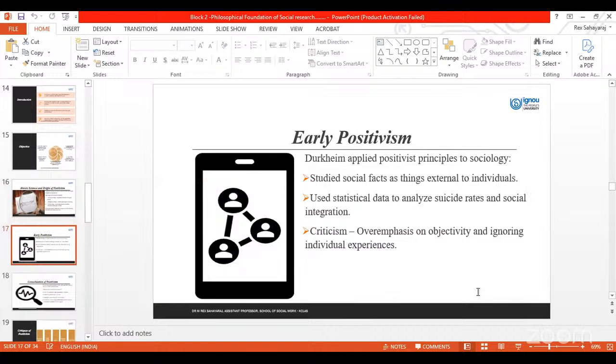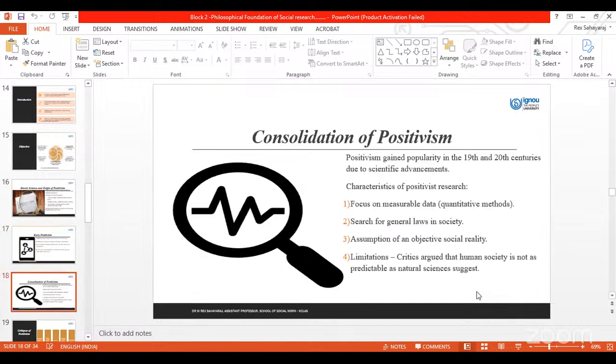So in early positivism, we have discussed studying social facts, things external to individuals, using statistical data, right? Durkheim's contribution, as I have said, analyzed suicide rates and social integration, especially his writings on deviant behavior, how people become deviant, right?